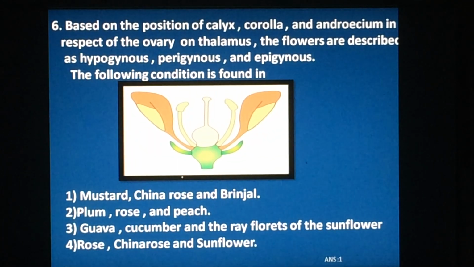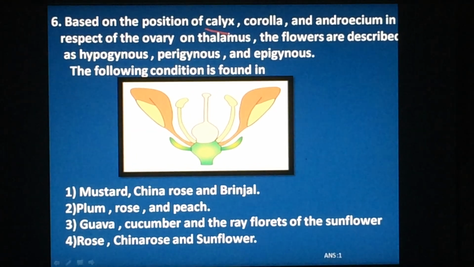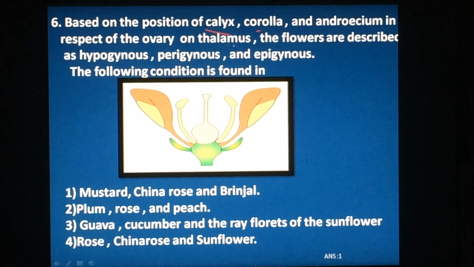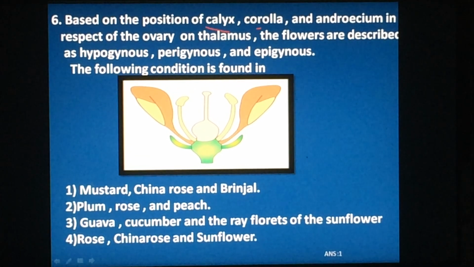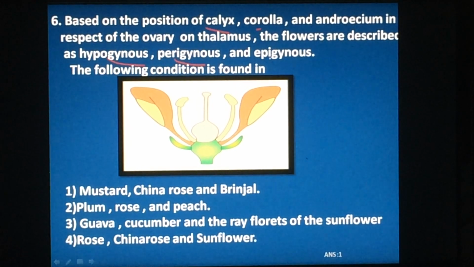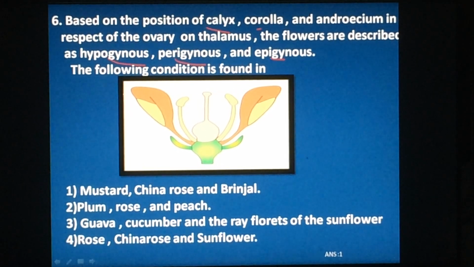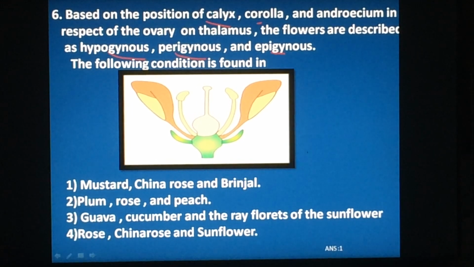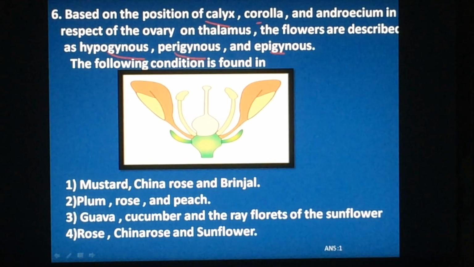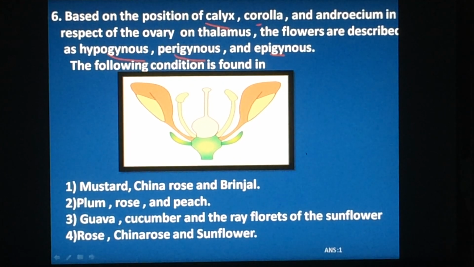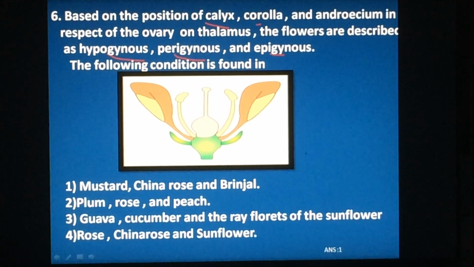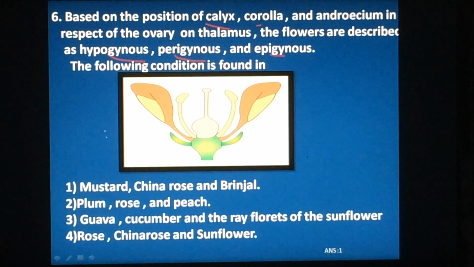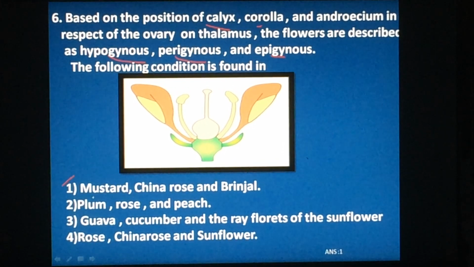Then see the diagram here. Position of calyx, corolla, androecium, ovary on a thalamus. The flowers are described as hypogynous, perigynous and epigynous. The following condition is found in, which is this condition, whether it is hypogynous, perigynous or what it is, and where you will see it. Answer is this one.